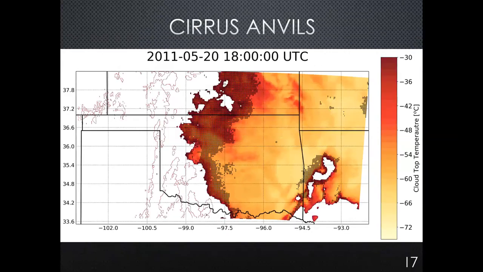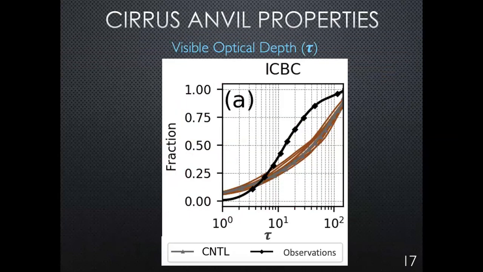Okay, yeah, so moving on to our cirrus anvil properties. Like I said, I identified columns that are representative of the anvils produced by this deep convective system. And we're just going to look at cumulative distribution functions of the visible optical depth through these anvil columns.